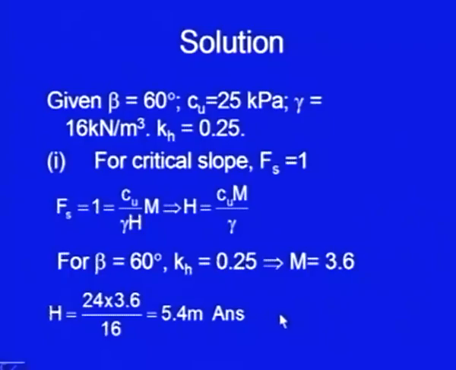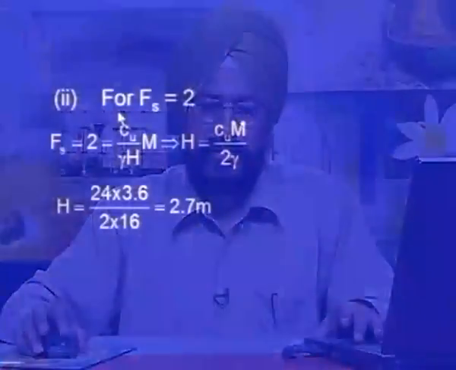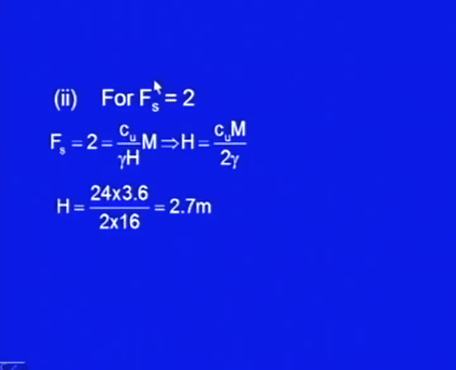This is the answer. So, this is a very convenient method, very convenient tool. These graphical methods are very convenient for doing the analysis. Similarly, you can do the analysis when the factor of safety is 2. So, Fs is equal to 2, and in terms of the stability factor, it is Cu upon gamma h into m.